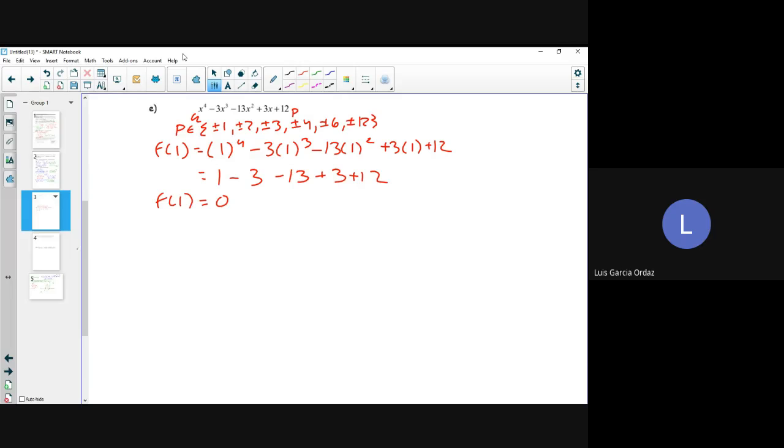So we're left with f of x is equal to x minus 1 times, we need to figure that out by using synthetic division.